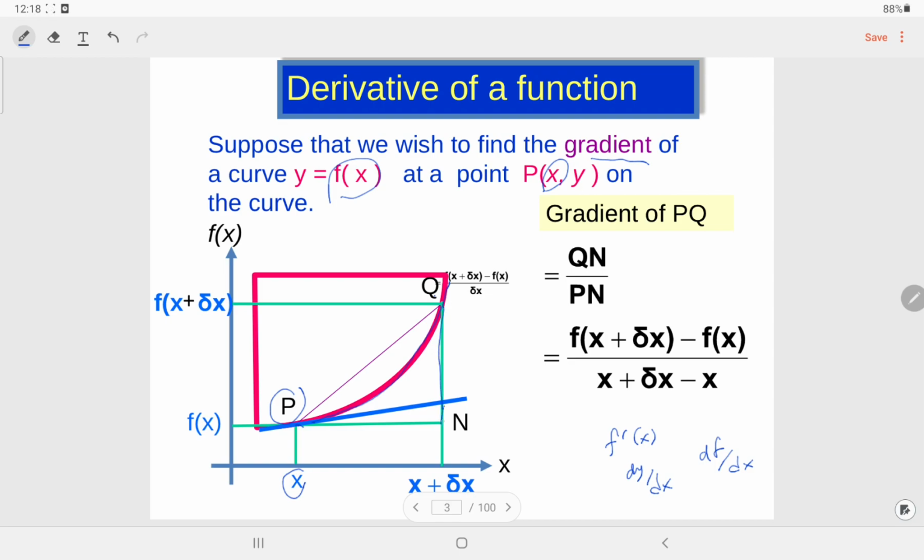Here the delta x represents a change in the value of x.